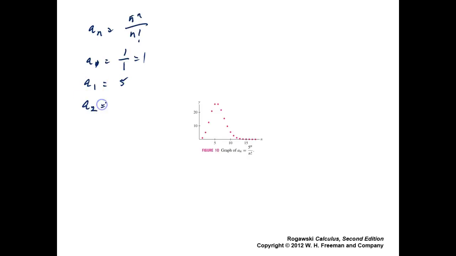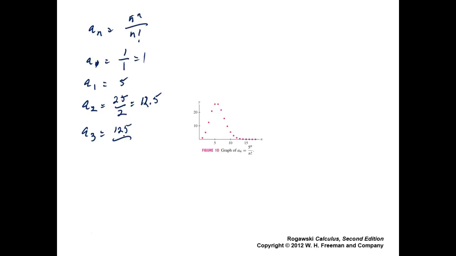A sub 2 would be 25 over 2, which is 12.5. A sub 3 would be 125 over 3 factorial.